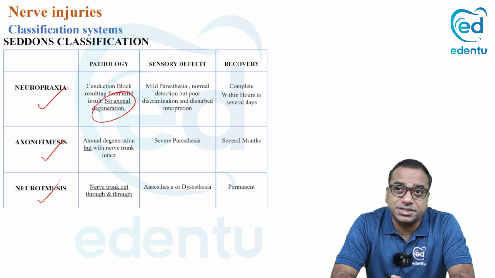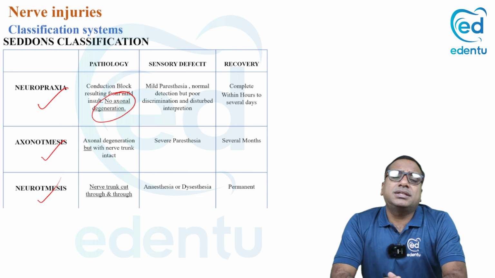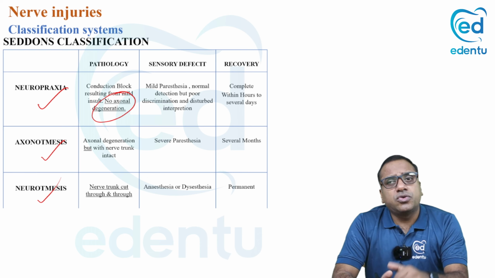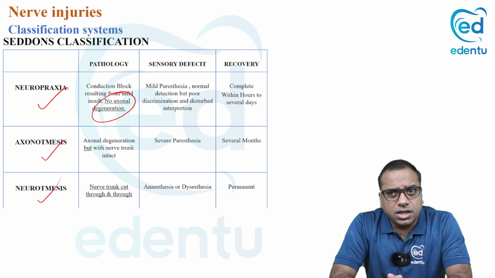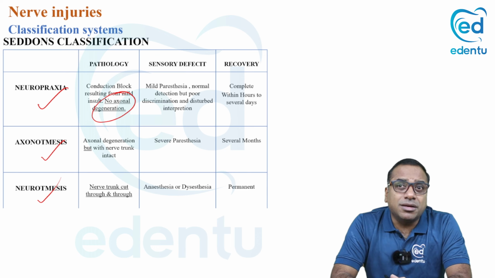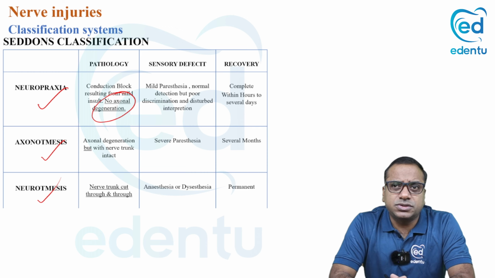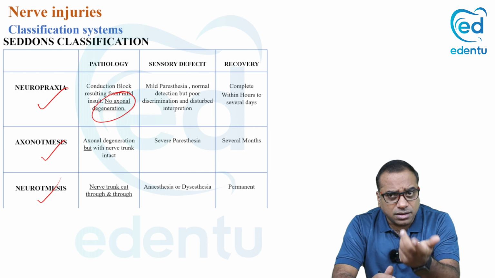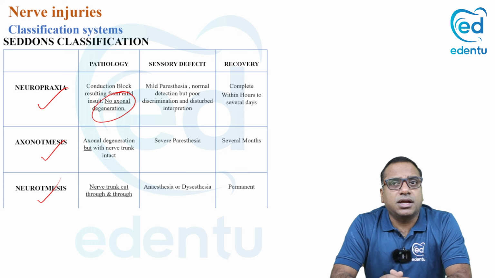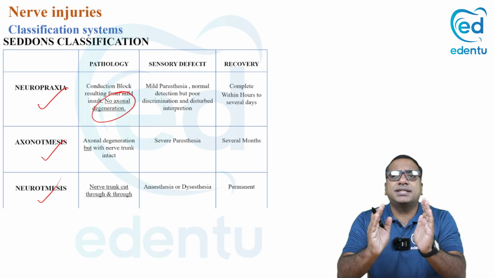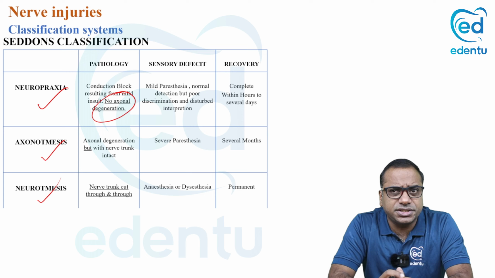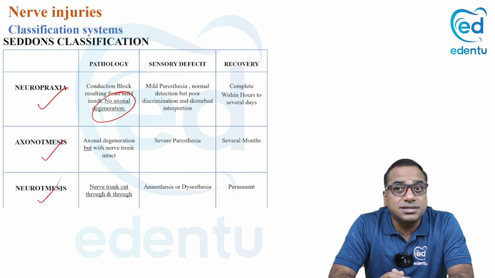It is mild paresthesia, and this can be sorted out within hours to weeks. That will improve if you give Neurobion or vitamin B12, the nerve regenerator. Simple medications will solve the problem, but it may take some hours to weeks to recover. So neuropraxia is no axonal degeneration. It is just a mild insult to the nerve.